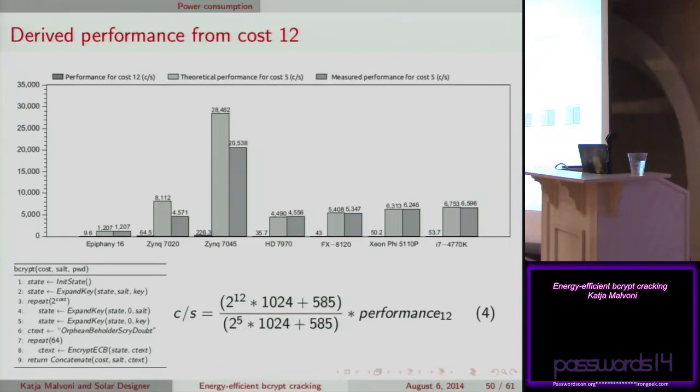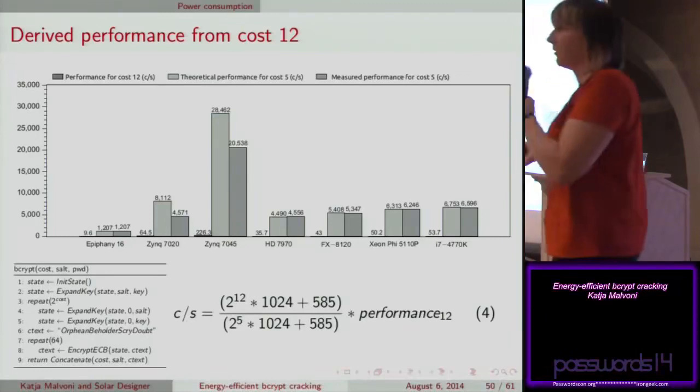We have 512 plus 9, 2 to the power of cost, which is 12, times 1024, the number of Blowfish encryptions here and here, and we divide those two to get the ratio, and then multiply it with the performance we measured for cost 12.